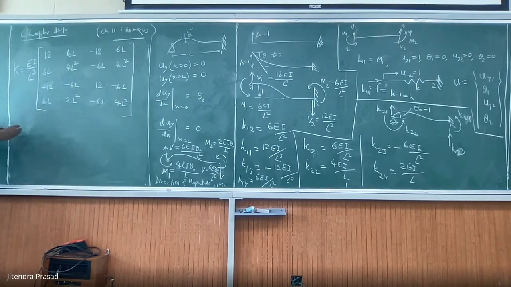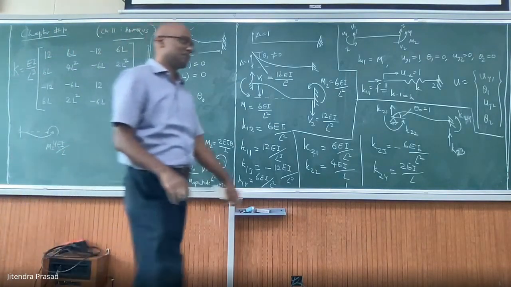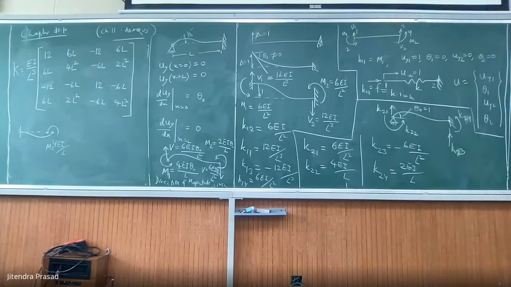This is like this. So you have like this, and right. So you need 4 EI over L. M equals to 2 actually. So you got the stiffness method.